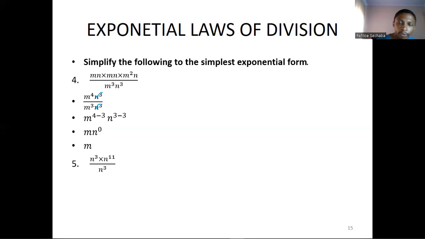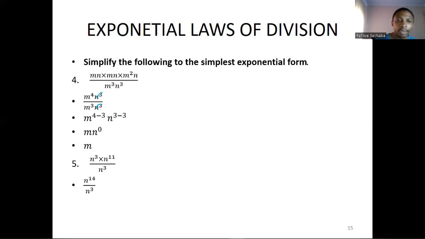You start with the numerator. What do you have in the numerator? n to the exponent of 14. How did you get that 14? When you multiply the same bases, you always add the exponents. So you added 3 with 11. 3 plus 11 gave you 14. So in the numerator, you will have n to the exponent of 14.